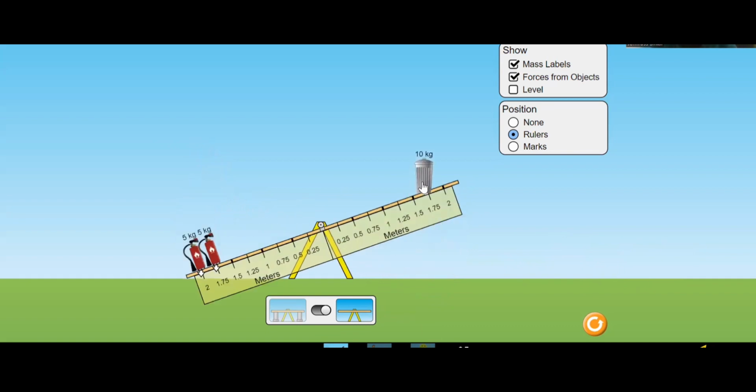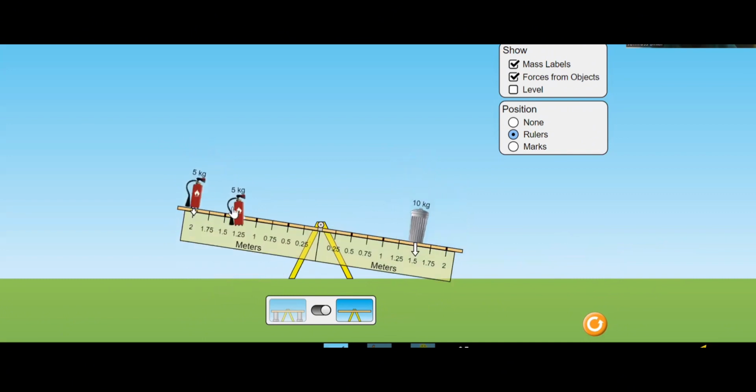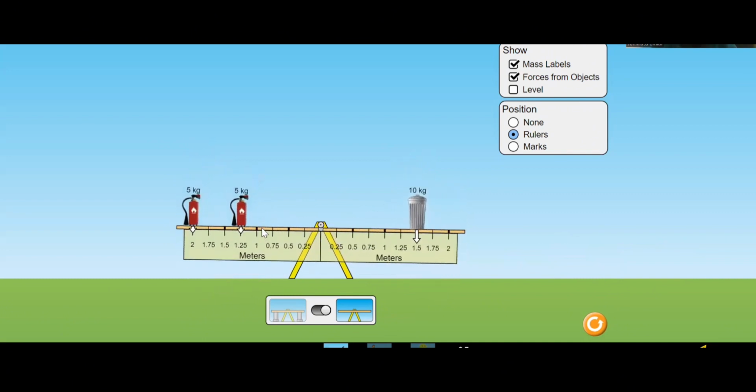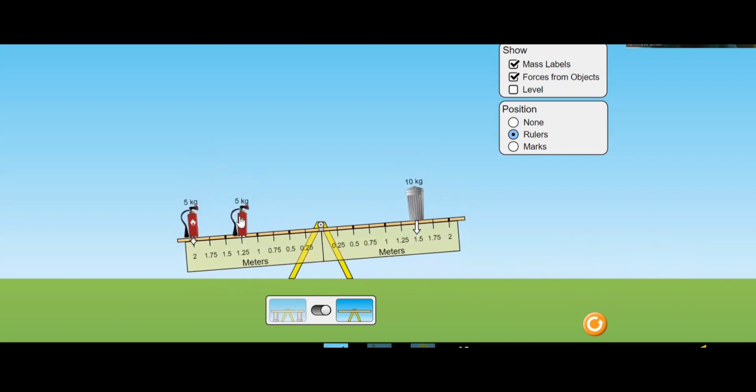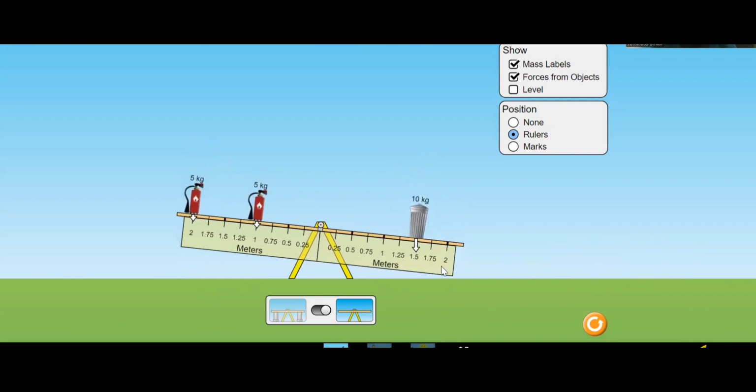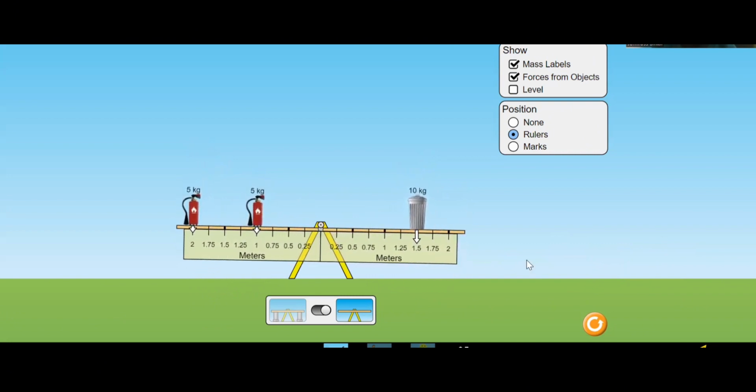If we move this one a little bit more in, and then we have to move these, we get that balancing effect. Because what we know is that the 100 newtons of the bin times 1.5 will give us 150, sorry.